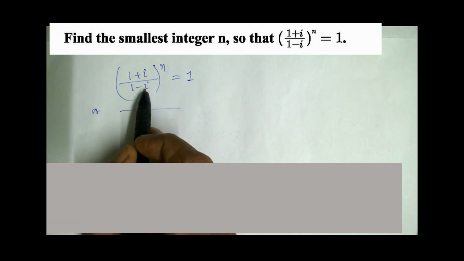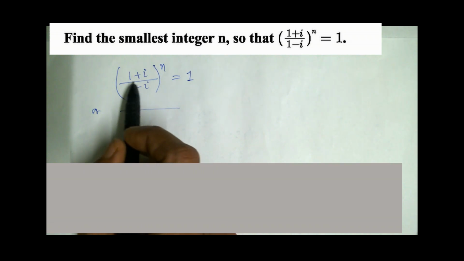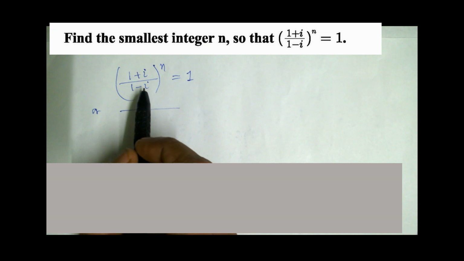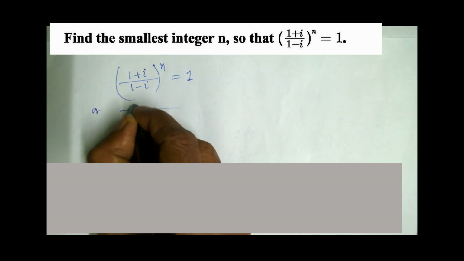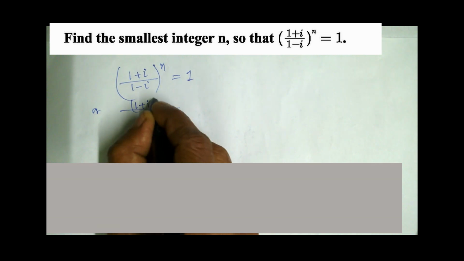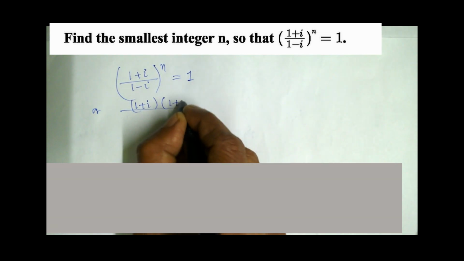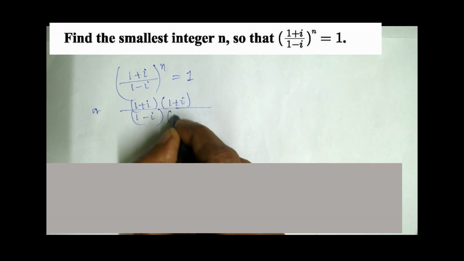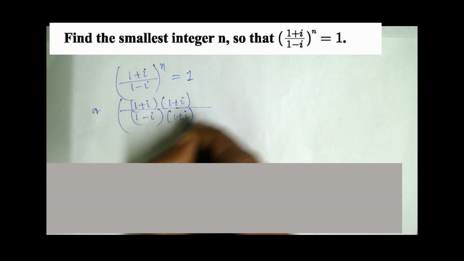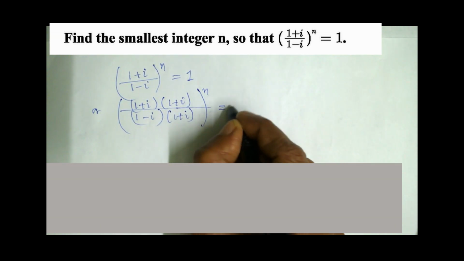We should multiply the numerator and denominator by the complex conjugate of 1 - i. The conjugate of 1 - i is 1 + i, because the conjugate of a + ib is a - ib. So multiplying the numerator by 1 + i, the denominator is (1 - i)(1 + i), and the whole thing to the power n is equal to 1.